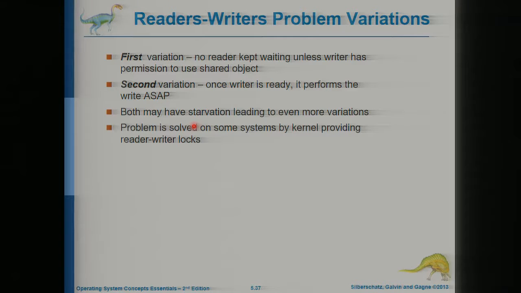Why? In the first variation, the reader is given the first preference and the writer is given the second preference. The writer makes a request that it wants to write the data, but readers keep coming one after the other and reading the data, and readers have the first preference.